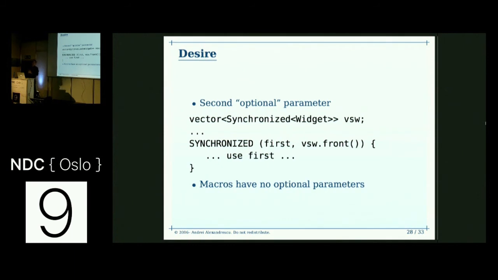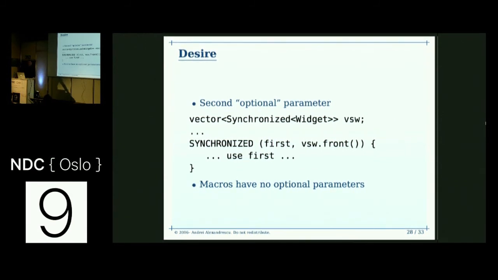And inside I'm going to use the name first. Now, anybody who's ever written one macro is going to know that we're entering dangerous territory here, because we have the same macro name used with one argument or two arguments, and you've got to distinguish the situations.